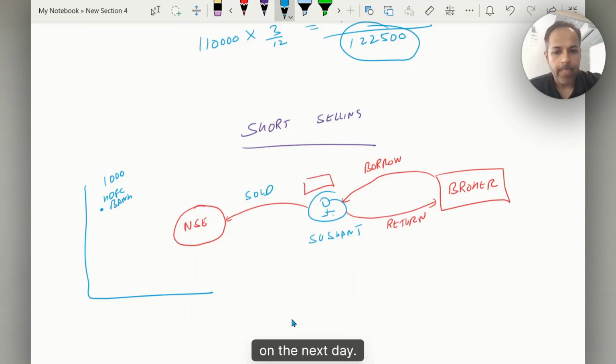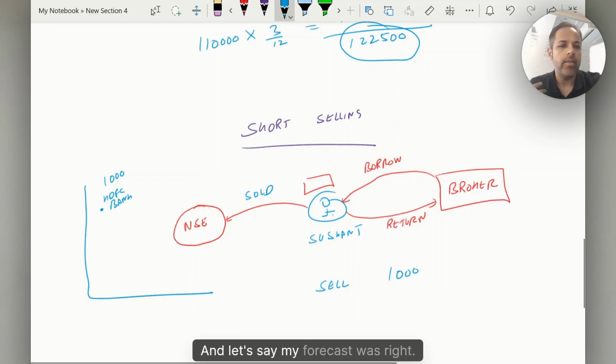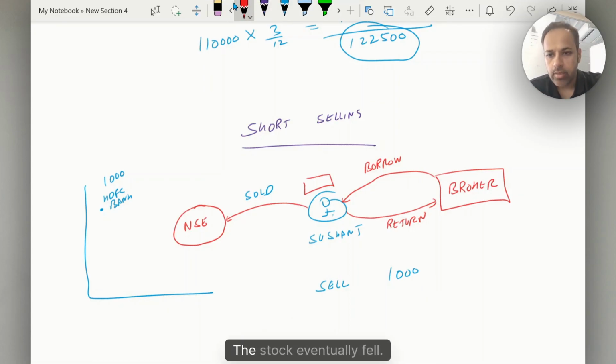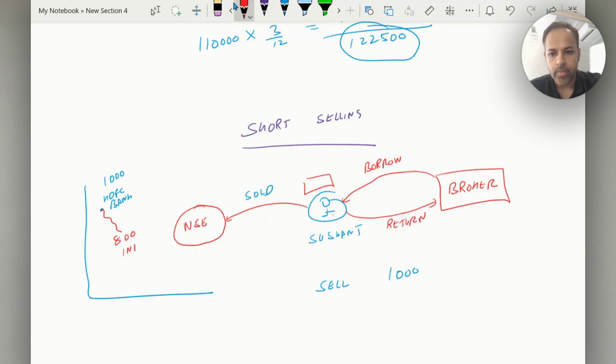When I sell, there will be a cash inflow, so I will get 1,000. And let's say my forecast was right. The stock eventually fell and came down to, let's say, 800 INR.